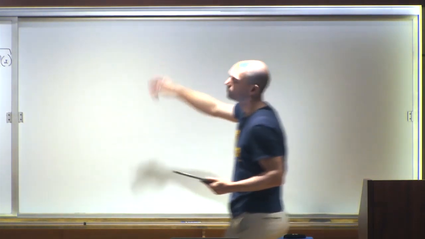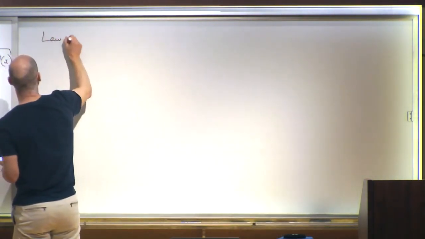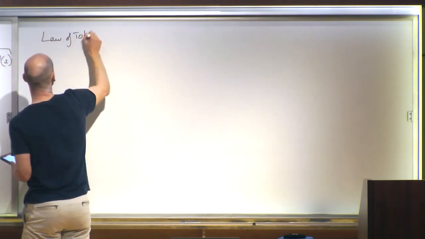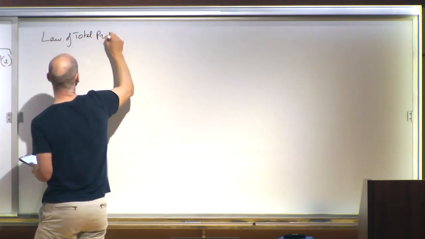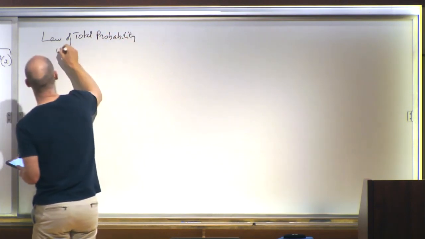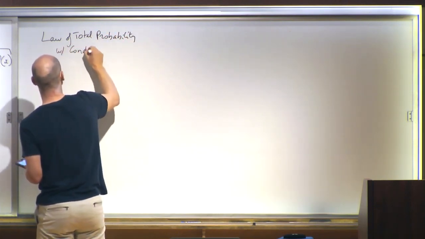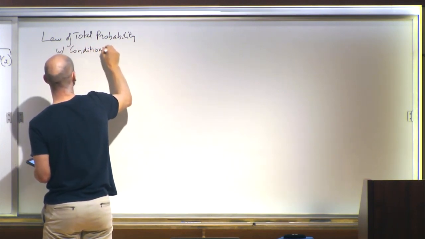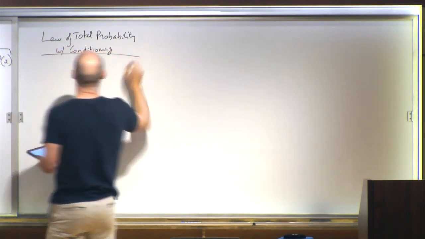Now, we can have a new version of this. Law of total probability, again, but with conditioning. What does that mean?